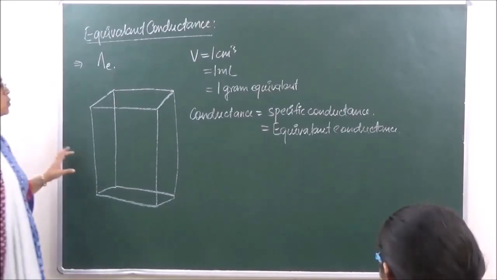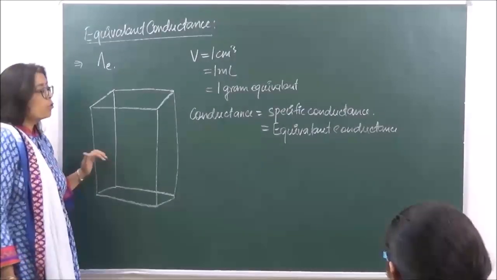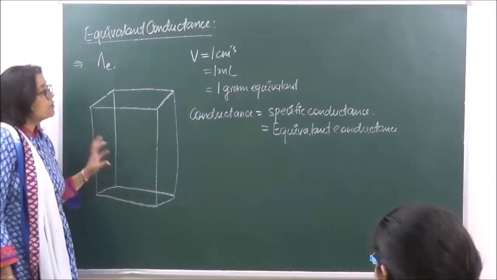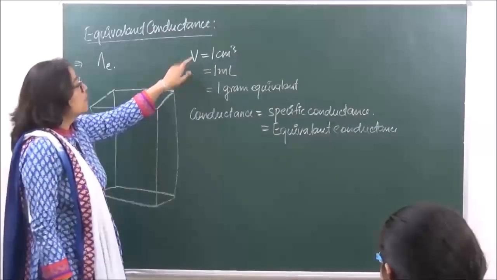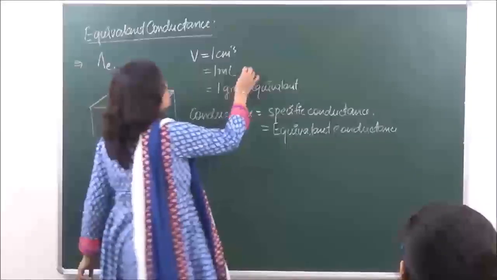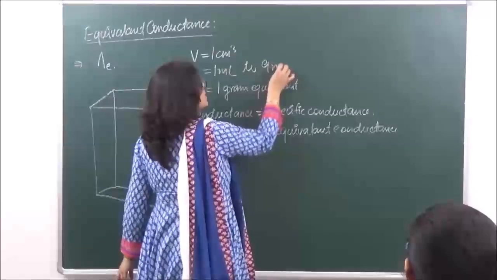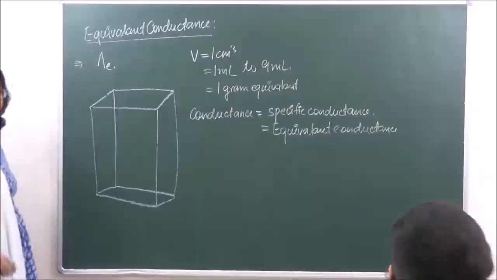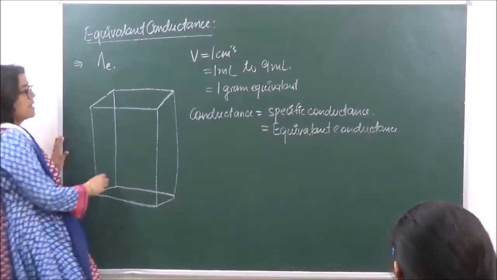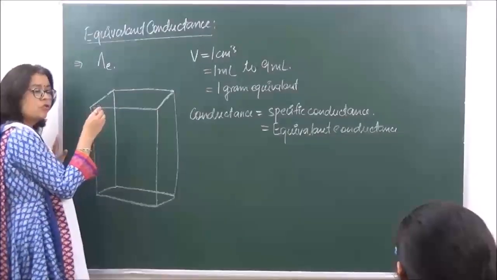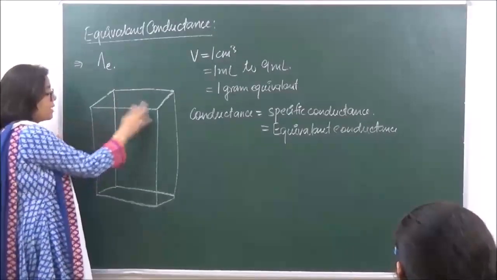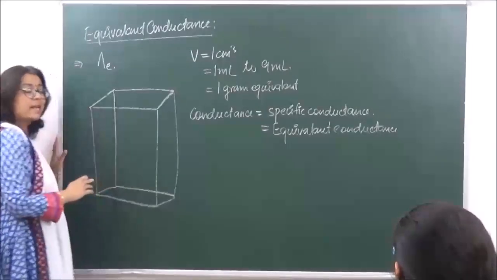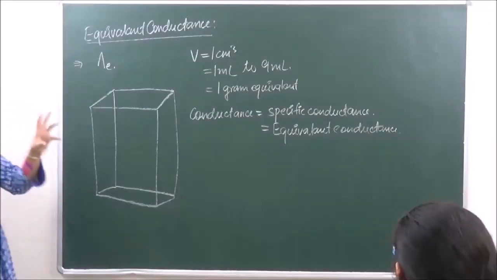Now what we are going to do is dilute the solution and increase the volume from 1 milliliter to 9 milliliters. Hypothetically, we say that when we have diluted the solution to 9 milliliters, we have divided this rectangular trough into 9 different cubes.